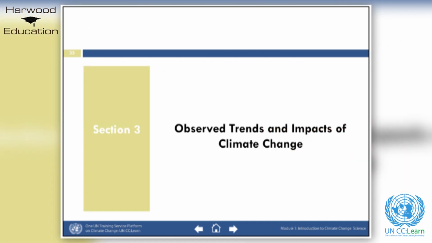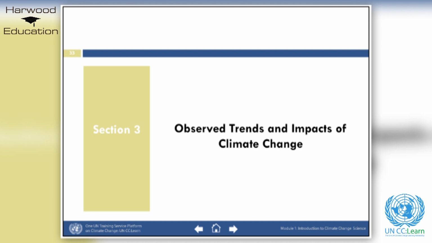Section 3. Observed trends and impacts of climate change. This section describes some of the main observed changes in the climate since the Industrial Revolution. It looks at changes in surface temperature, precipitation levels, ocean warming and acidification, sea level rise, Arctic sea ice extent, as well as observed changes in physical and biological systems.